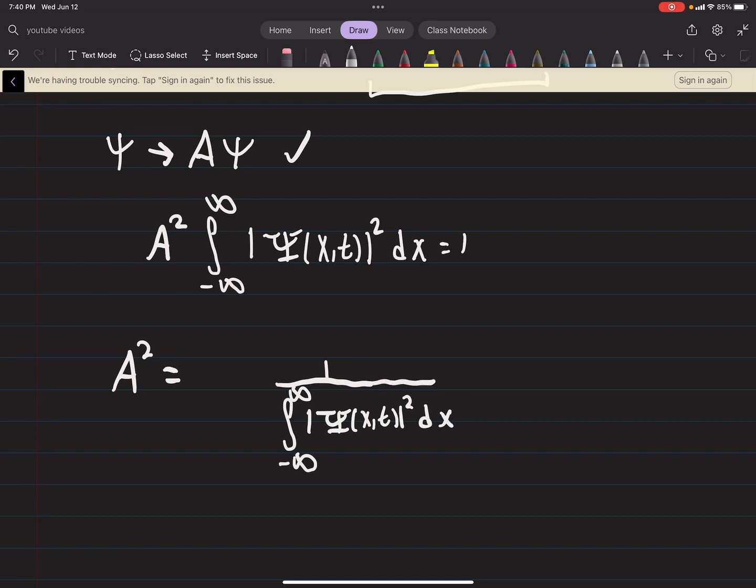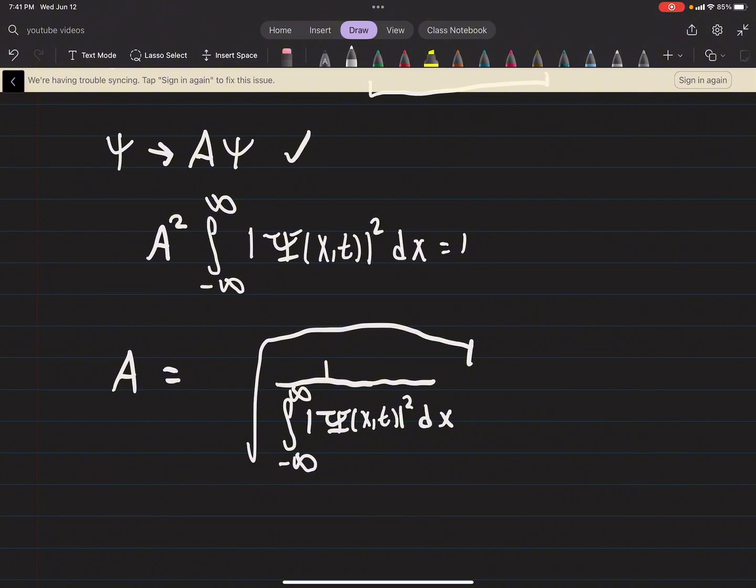If you just divide it over, and you could even take the square root if you wanted. You could say, alright, well, A is this square root. But there appears to be somewhat of a problem. But before I get into that problem, you just might notice it now, that A might not actually be a constant. I'll get to that in a second.